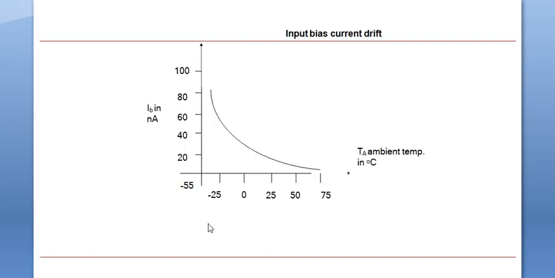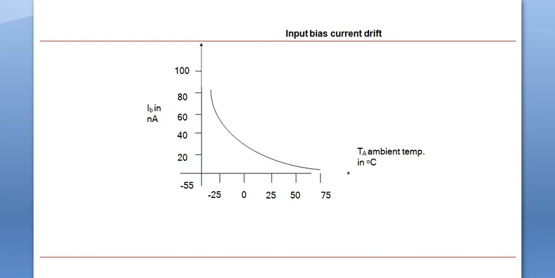This is a graph of input bias current versus temperature. At room temperature, the input bias current is 20. As you increase the temperature, the input bias current decreases, and as you reduce the temperature, it increases. So this is not a constant parameter; it changes with temperature, and it is called input bias current drift.